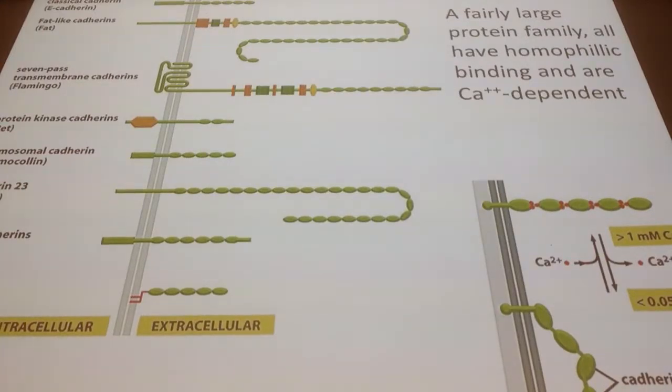And there's a whole family of cadherin and a whole family of integrin also. The specific members of the cadherin and integrin families that a cell expresses are cell specific, right? So the expression of cadherin and integrin is cell specific.